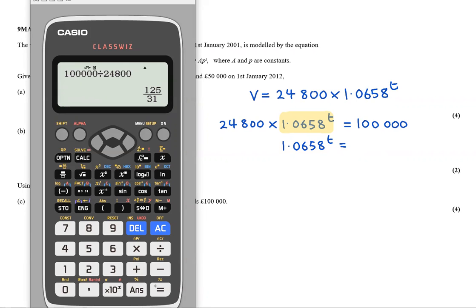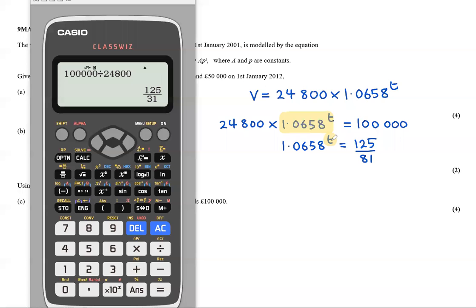So we get 125 over 31. That's fine. I'll leave it like that. Now, the value we want is locked in the power. So you could use BAPS here. You could take logs of both sides. I'm going to take natural log of both sides to release that power.